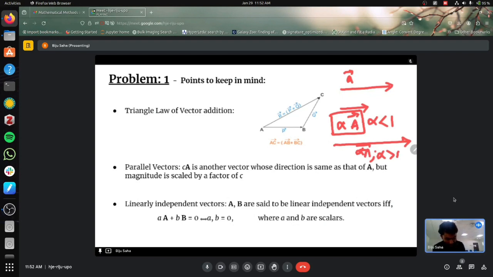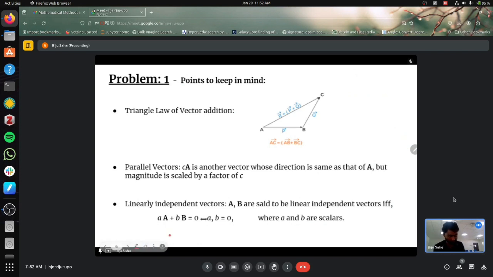We say that vectors A and B are said to be linearly independent if we can represent it in this form, provided that this second condition is also met.